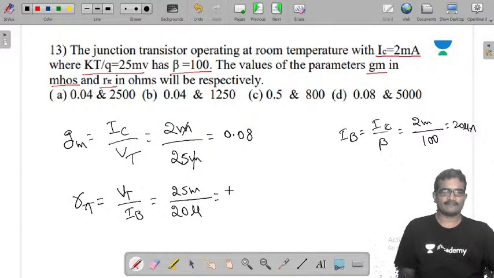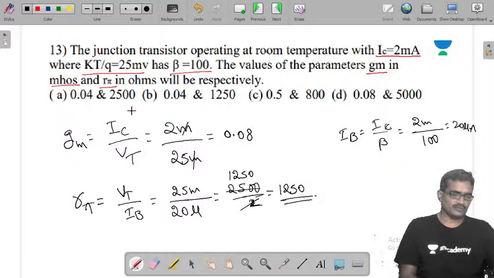25 milli by 20 microamps. Okay, it is 2.5, so 2500 by 2, which is 1250.